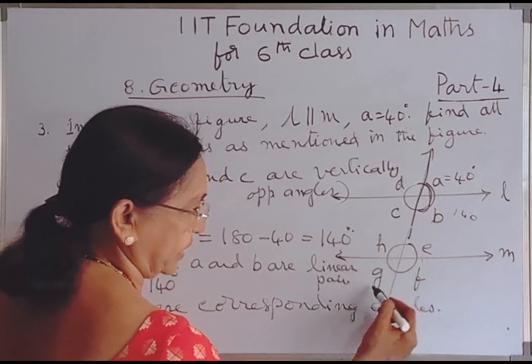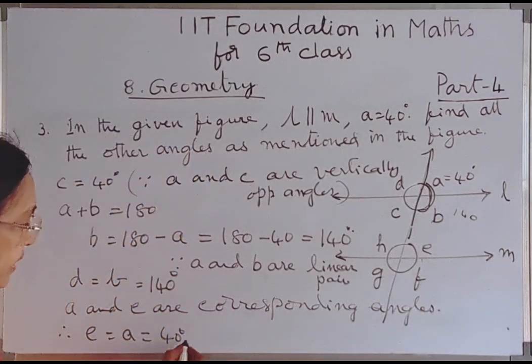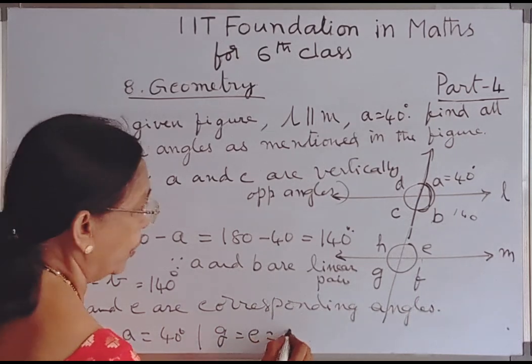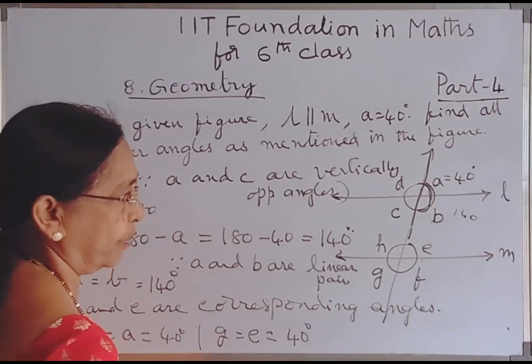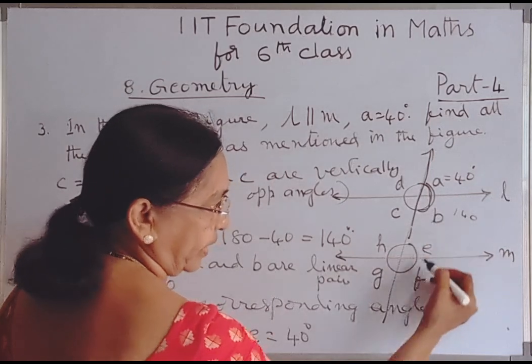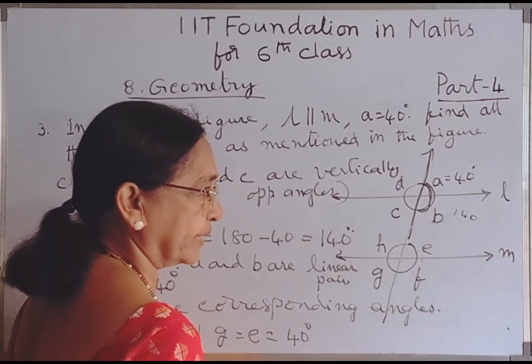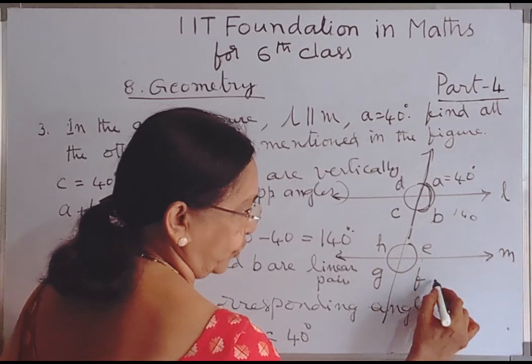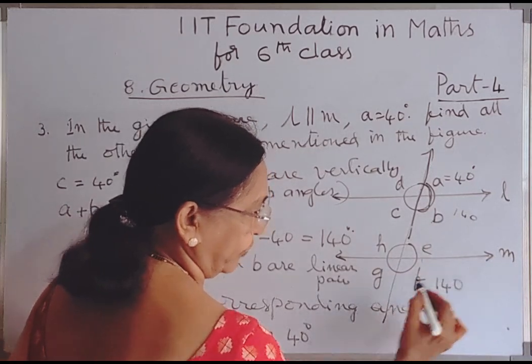And E and G are vertically opposite angles. Therefore, G is equal to E, that is equal to 40 degrees. And B and F are again corresponding angles and they are equal. Therefore, F is equal to B, which is equal to 140.